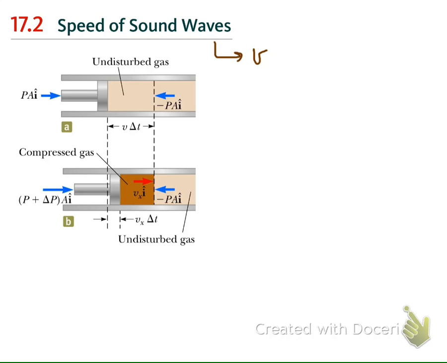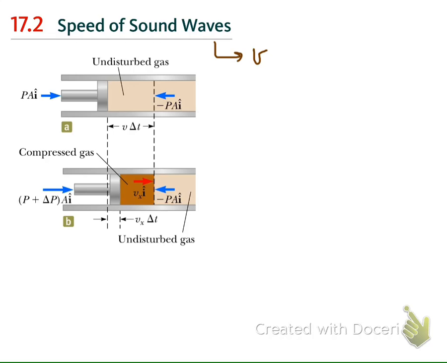Okay. So, if we look at this figure, and v is the velocity of the sound wave, let us define the element of the medium here with the cross-sectional area A and the thickness equal to v delta t.